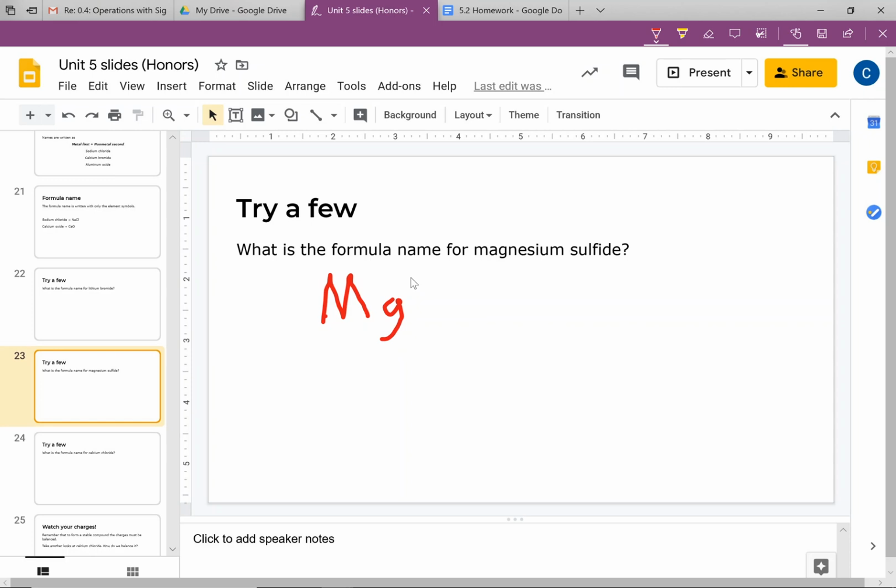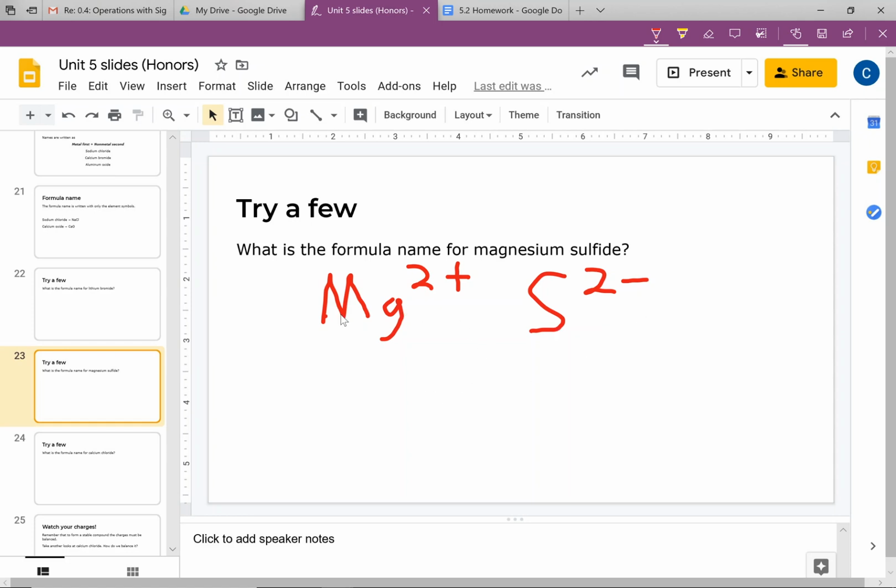What's the charge on magnesium as an ion? Yeah, 2 plus, right? It loses 2 electrons when it ionizes. And then what's the charge on sulfur after it ionizes and becomes sulfide? Yeah, it's a 2 minus, right? Because it gains 2 electrons for the nearest noble gas.